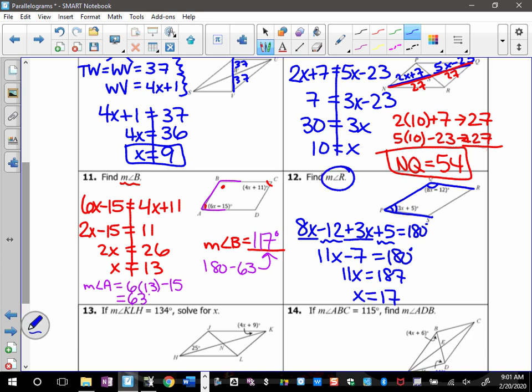It asks for angle R. So again, x is 17. Angle R is going to be the same as angle P. So I just need to do 3 times 17 plus 5. When I do that, I get 56.